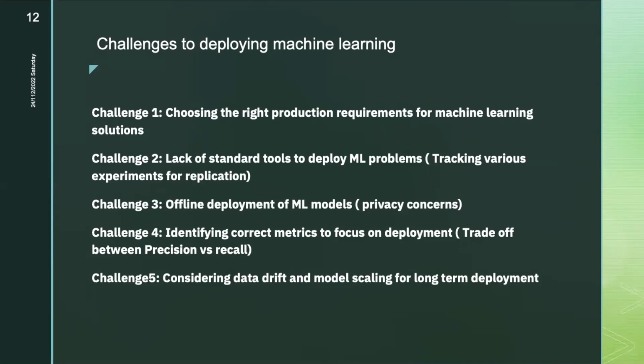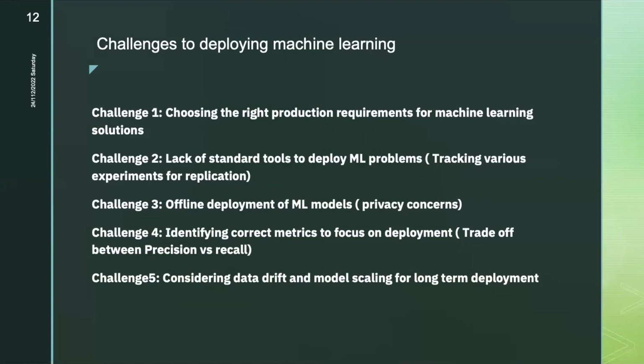The second problem comes in lack of standard tools to deploy machine learning. With MLOps, this has improved a lot, but still a lot of machine learning problems do not use MLOps or MLflow to very regularly track. We keep on experimenting with different versions, different models, different forms of data sets.